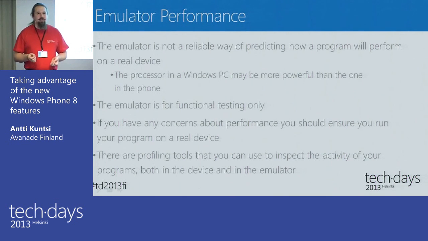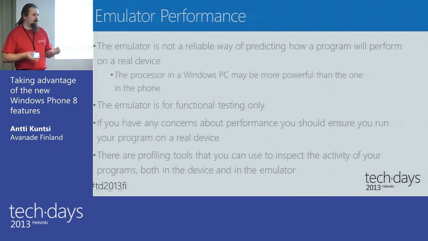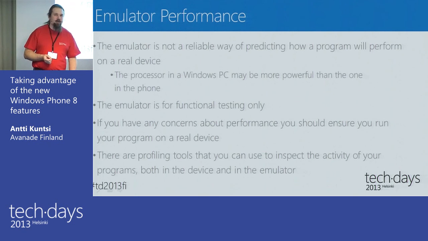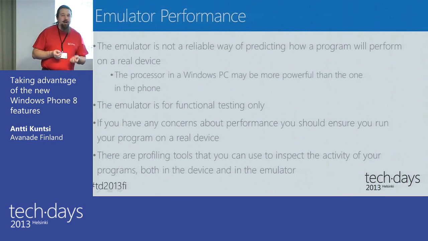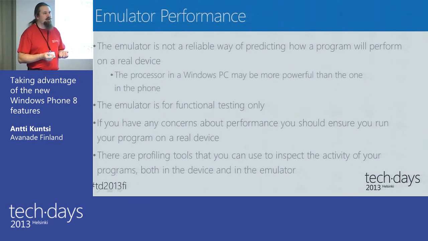You can do all that with the emulator, but you obviously can't do actual performance evaluation. So if you have heavy XAML animations in your application, it can look extremely fluent on your emulator, but when you run it on a phone, the limited hardware might make it stutter, so you have to run it on a phone and do a performance analysis and responsiveness analysis there.